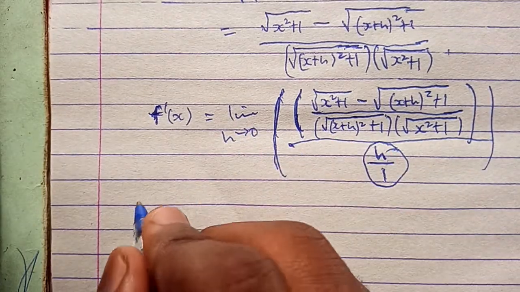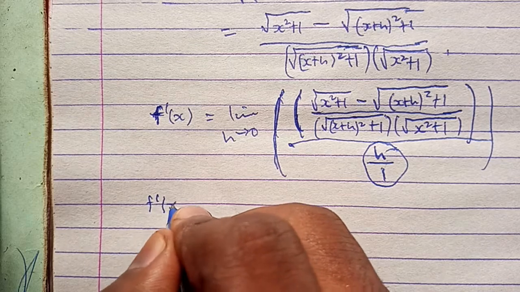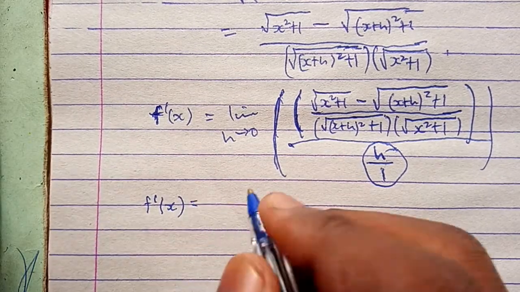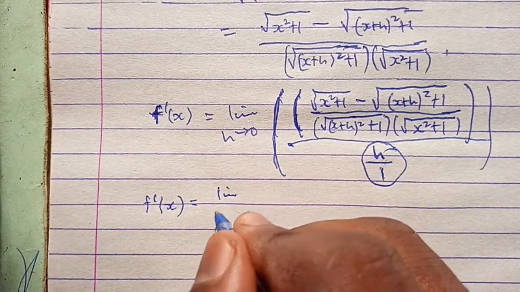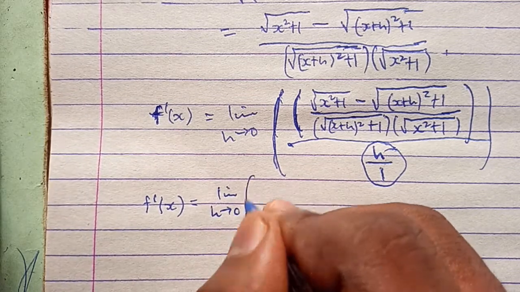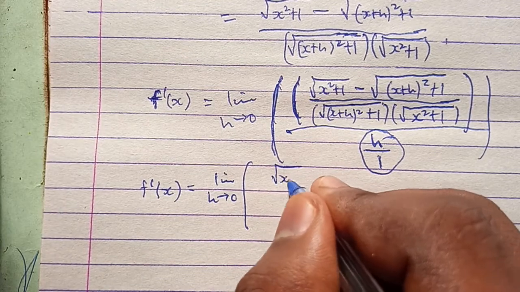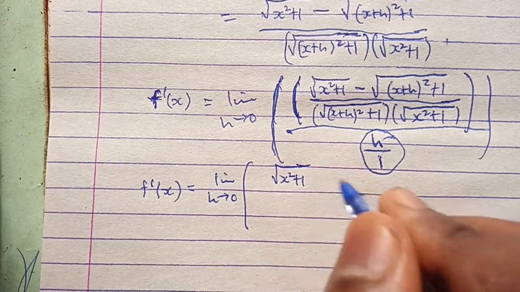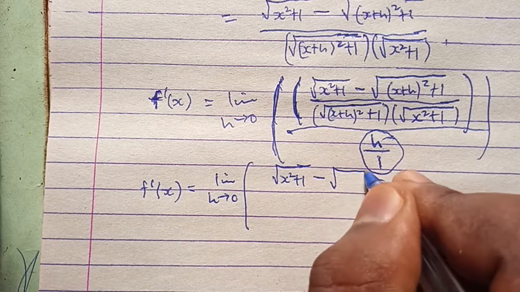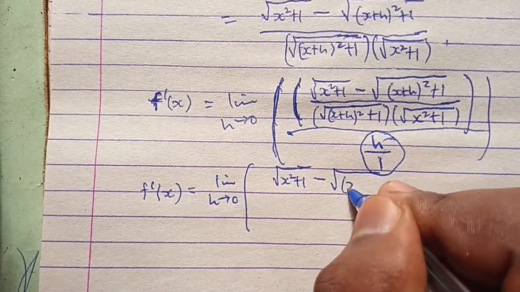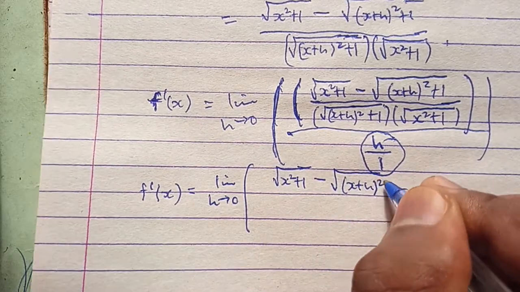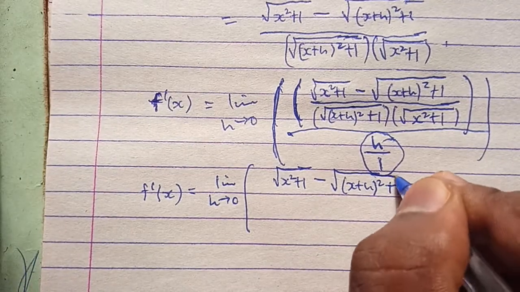So we'll now have f prime of x to be equals to limit as h approaches 0 of the whole of this square root of x squared plus 1 minus square root of x plus h all squared plus 1.